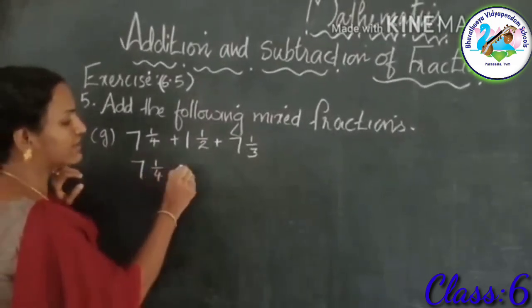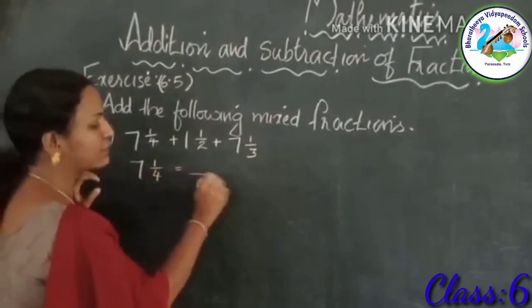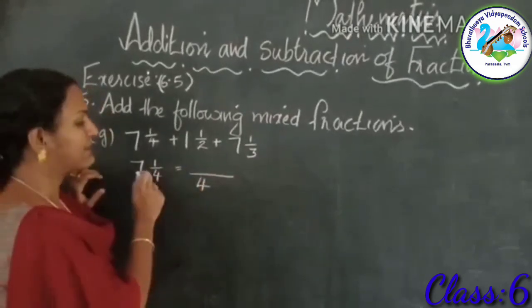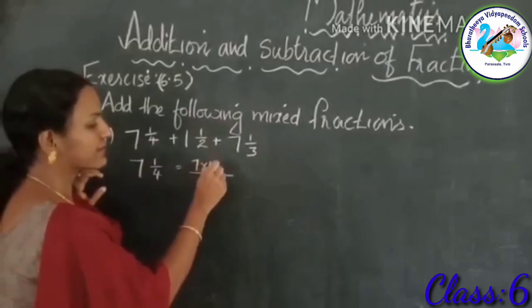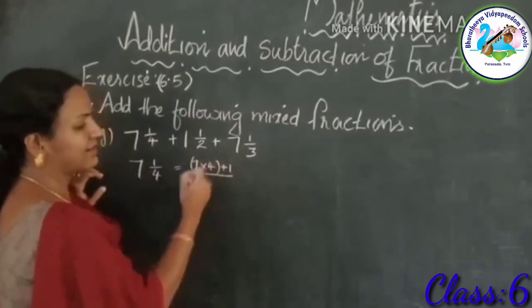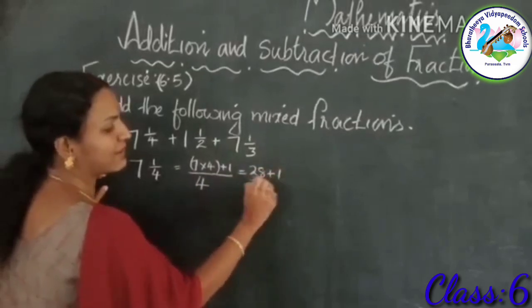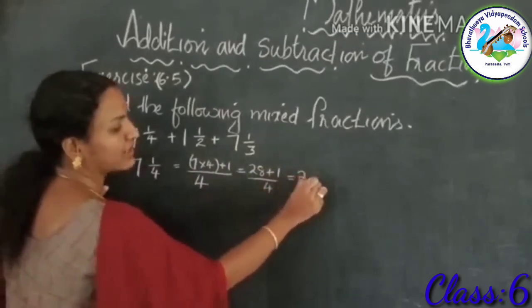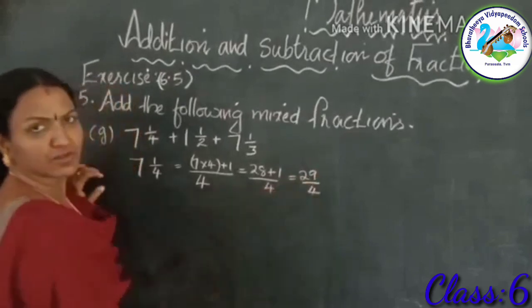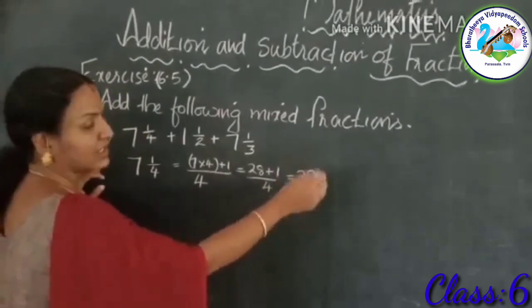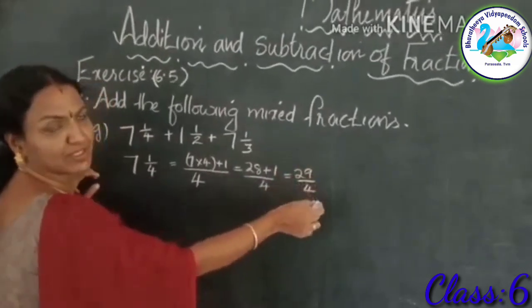7 1 by 4 is equal to, here the denominator is 4, then multiplying 7 and 4, add 1, is equal to 28 plus 1 by 4 is equal to 29 by 4. It is an improper fraction. Here the numerator is greater than the denominator.